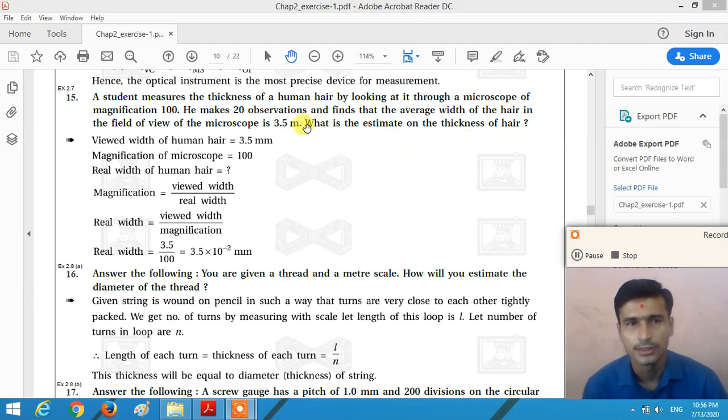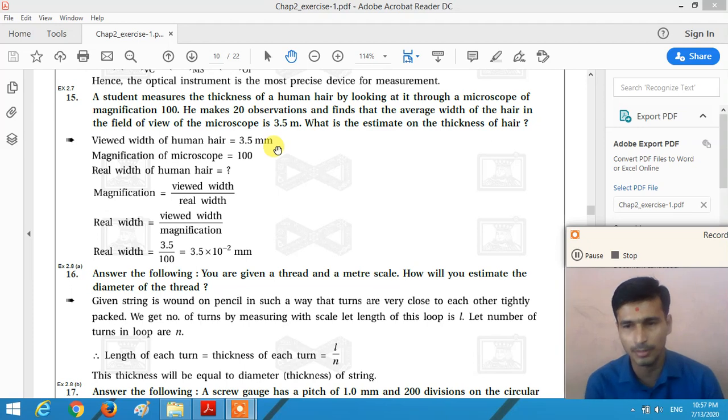So here it is not 3.5 meter, it's 3.5 mm, right? So the average width of the human hair in the field of view of the microscope is 3.5 mm. So the viewed width of the human hair is 3.5 mm, but the magnification of the microscope is 100.